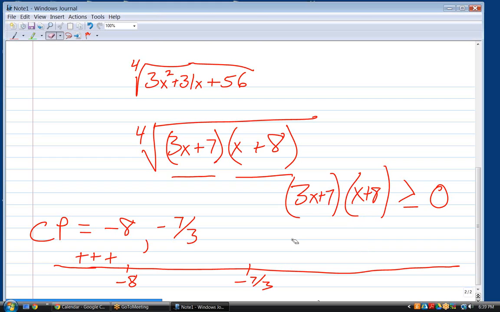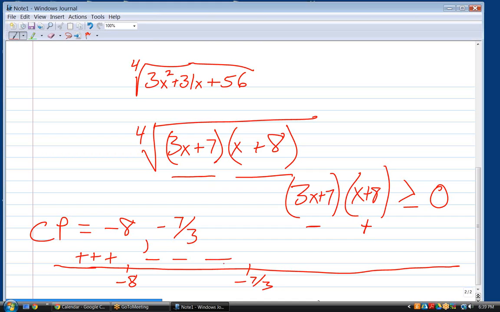Check a point between these two numbers, about negative 7. We don't care what these numbers are, we merely care what their signs are. When x is negative 7, that's negative, and that's positive. So their product is negative.